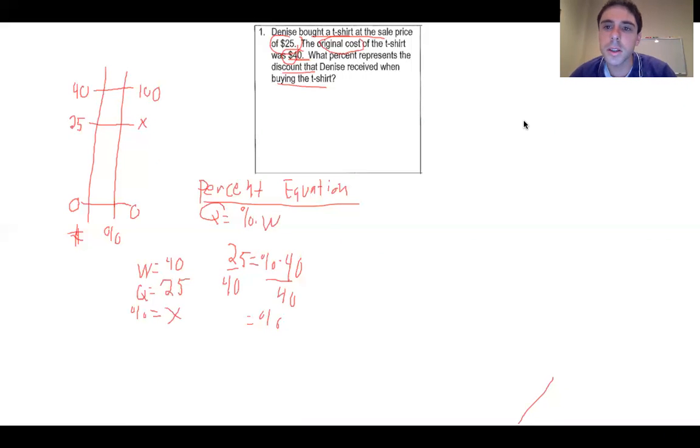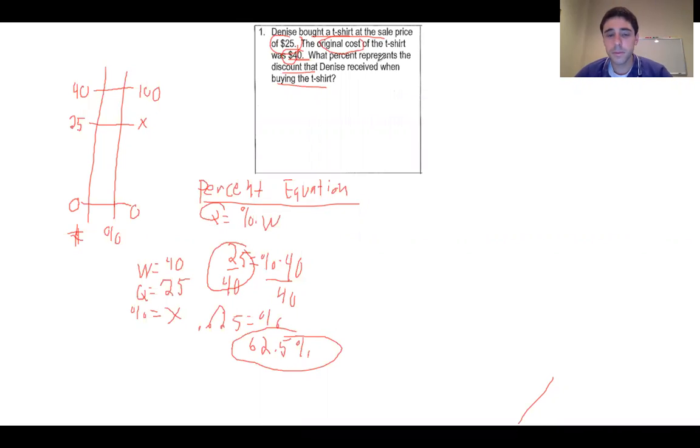I see one person's got it. I'm looking for at least one more person. Awesome, exactly. It's going to be 0.625 or 62.5%.